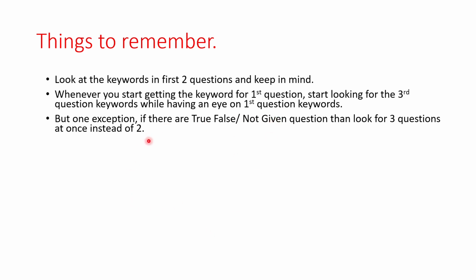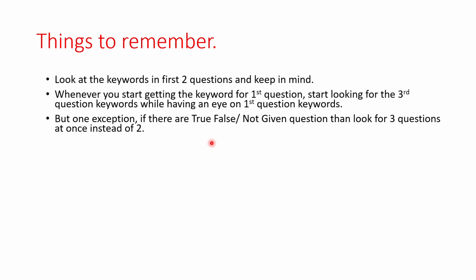So in that case you might be confused with the first two questions. Maybe the second question is Not Given, and in order to find that you miss the keyword of the third question as well. It can leave you confused in the exam and could waste lots of your precious time.